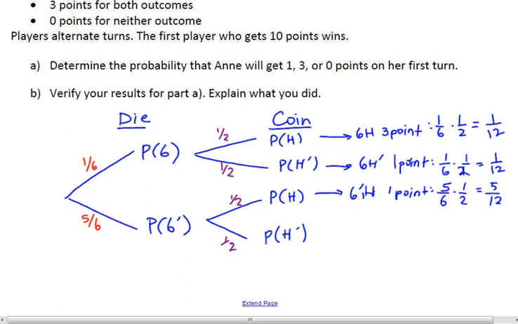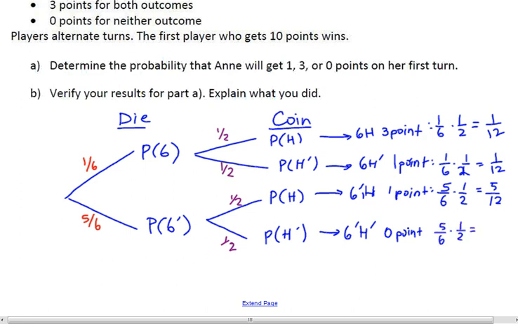I would disagree with you, actually. You're more likely to get at least 1 point than no point. Okay, what's the probability of no point? So not a 6, and a head.